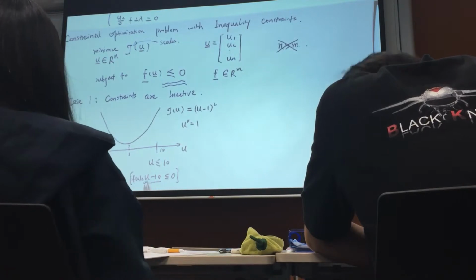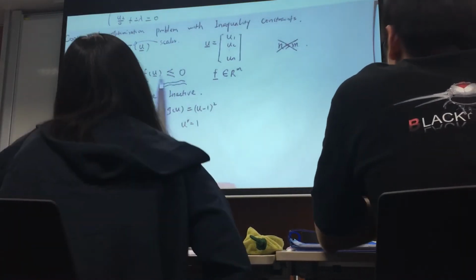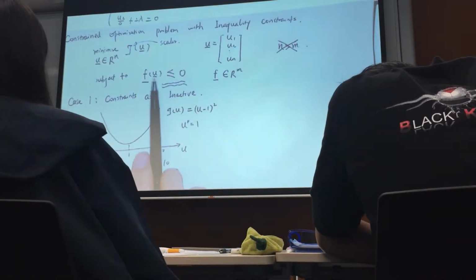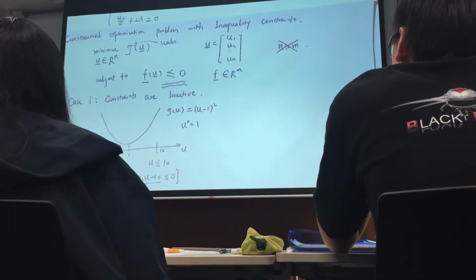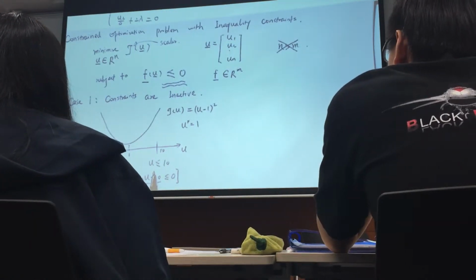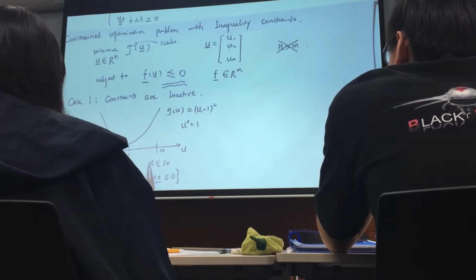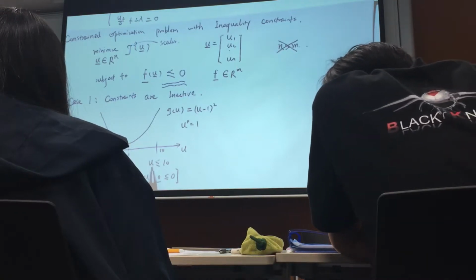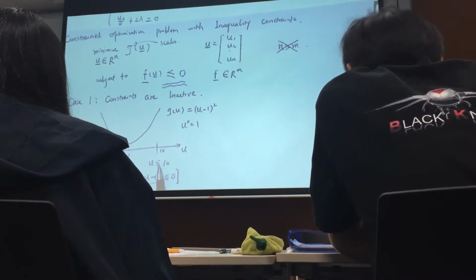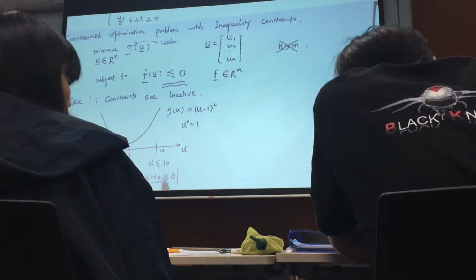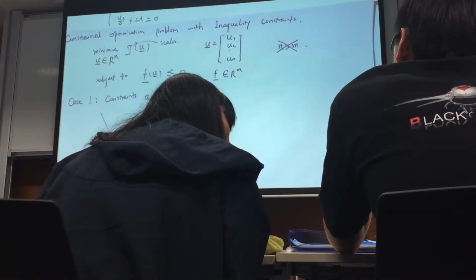But just remember that this f(u) is more powerful and more flexible, so you can define more complicated constraints. But in this illustrative example, I just define a simple constraint on the range of u. So I define u to be smaller than or equal to 10. So u will be in this range.